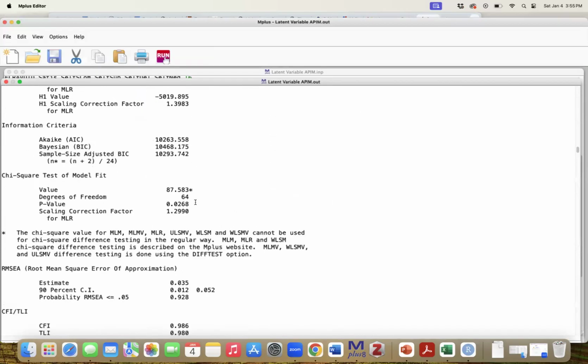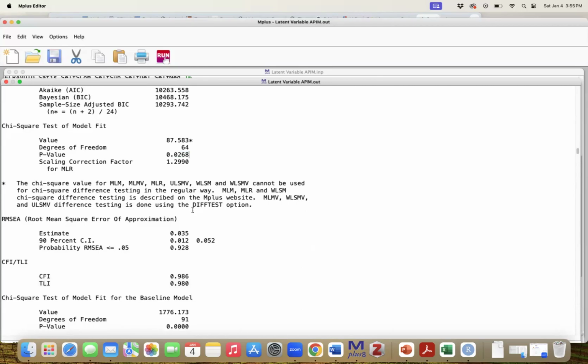All right. So now after dropping those two items, our number of degrees of freedom goes down, but look at our chi-square, look at our p-value. Even though it's not above 0.05 like we would prefer, my Lord, is it a whole lot better than where we were. Our CFI and our TLI are looking really, really good. Our RMSEA is really strong.